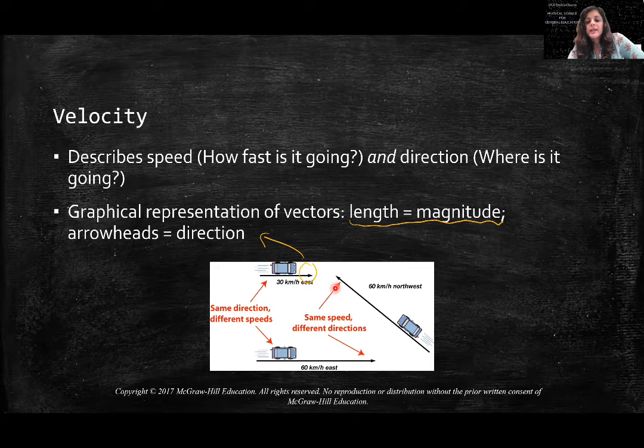So even though they have the same speeds, they're traveling in different directions. These are all different vectors. These are all actually different velocities. These two cars have the same speed, but they have different velocities simply because they're traveling in different directions. If we were to turn this car around and point it in the same direction, then they'd both have the same velocity. But right now, as they're standing, they have different velocities.